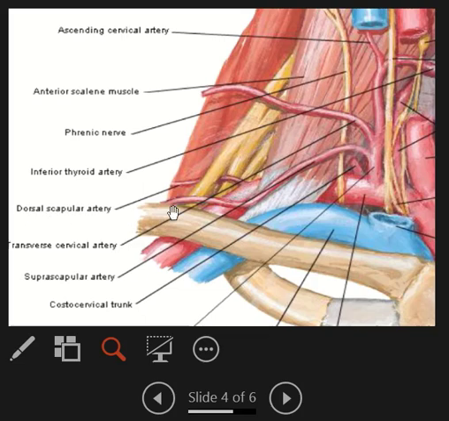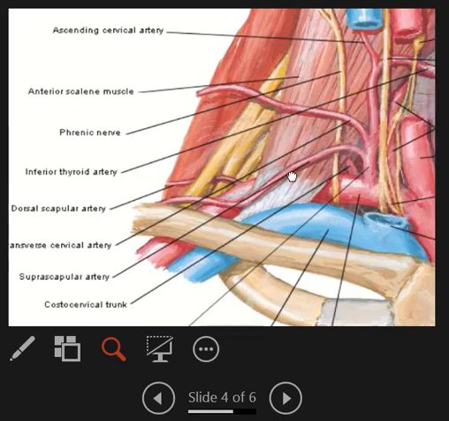The dorsal scapular artery goes to the back of the scapula and supplies back muscles, for example, levator scapulae and rhomboid muscle.